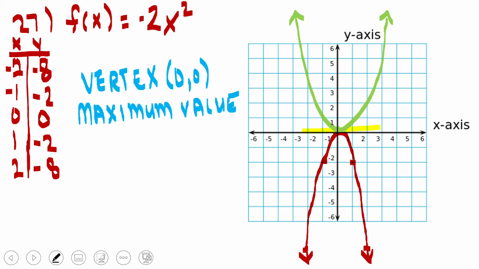So there is a chart on page 328 that determines what happens with any graph not graphed as a basic function of x equals x squared.